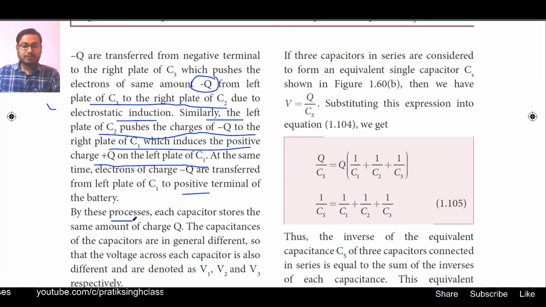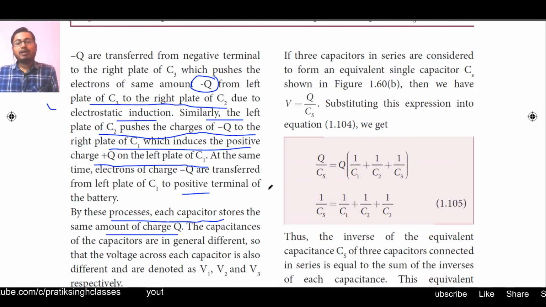By these processes, each capacitor stores the same amount of charge q. So the charge stored in capacitor C3 is equal to C2 is equal to C1, and that is equal to q.